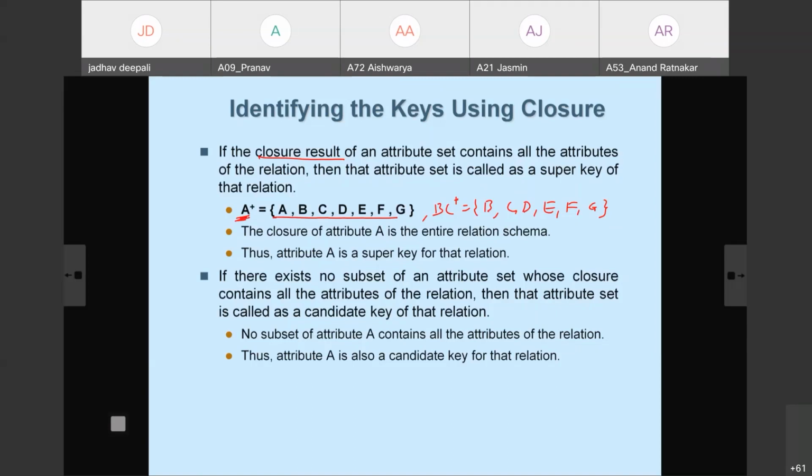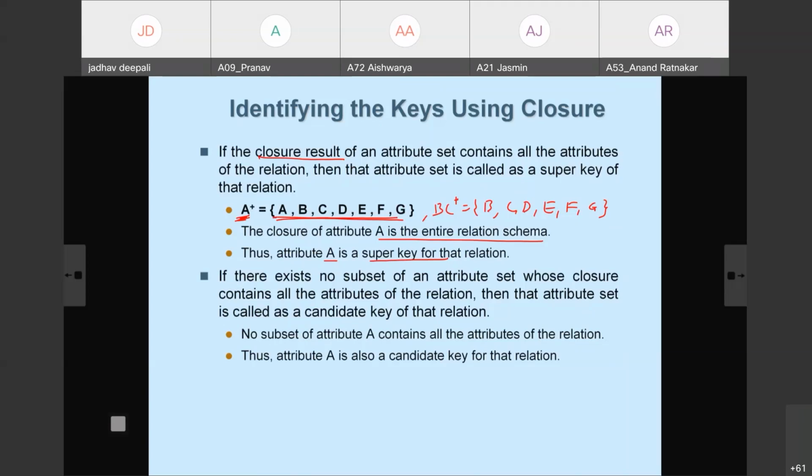So the closure of attribute A is the entire relation schema, as you can observe. Thus, the attribute A is a super key for that relation. So BC is not a super key. Why? Because its attribute closure does not contain all the attributes.